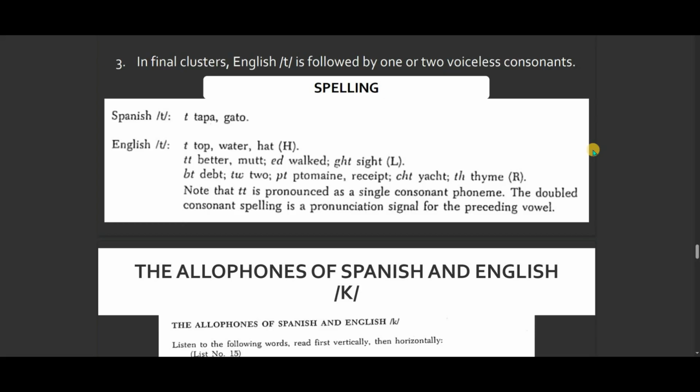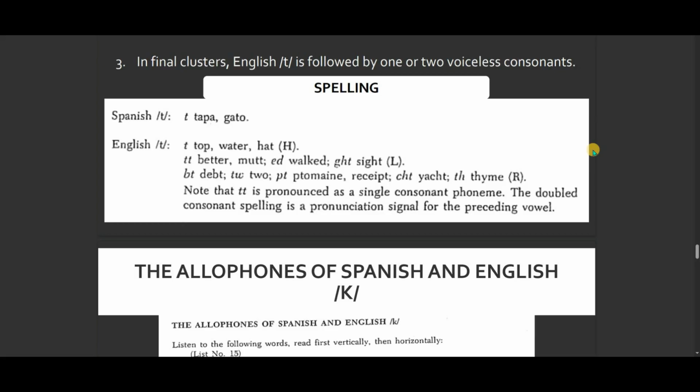Double T, like better, mute, or muted, walked, sight, have a low frequency of use.